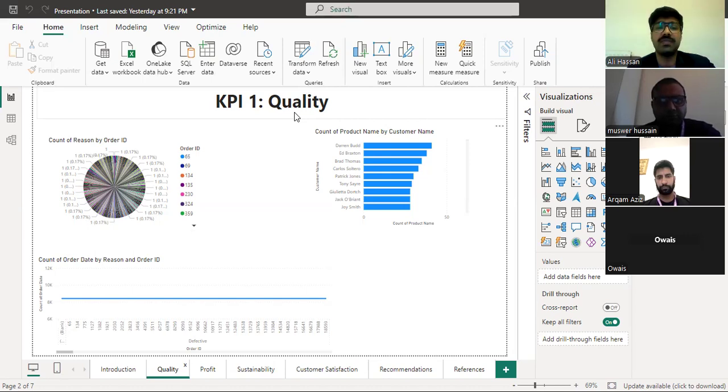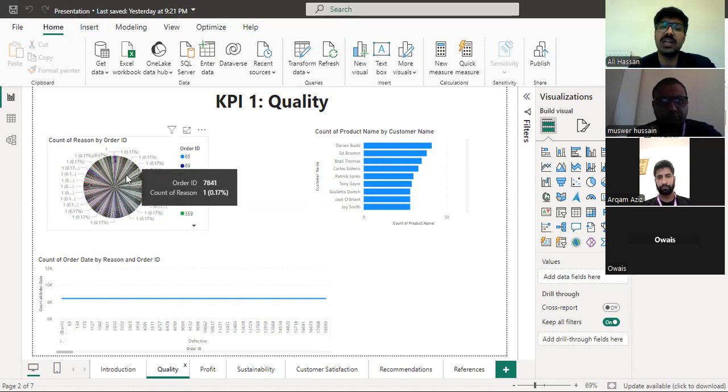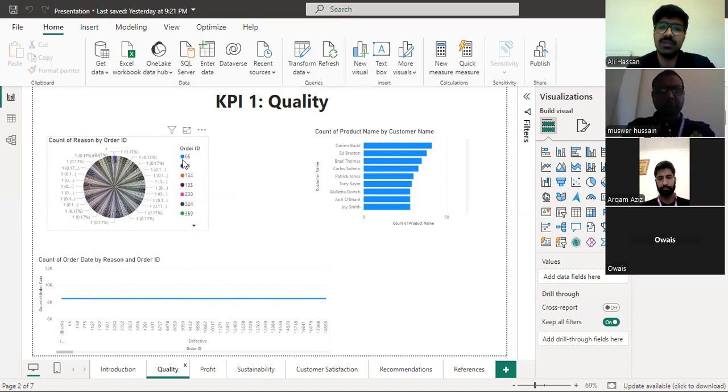Basically, we have graphs here. The very first one is a pie graph, and its title is Count of Reason by Order ID. This pie graph displays various sectors with percentage and count representing different order IDs in different colors.